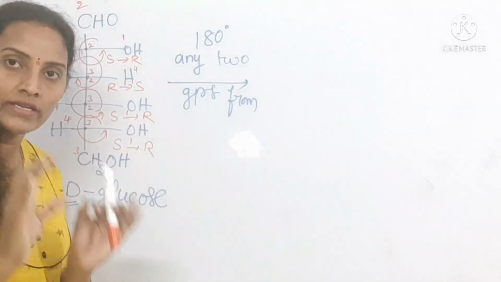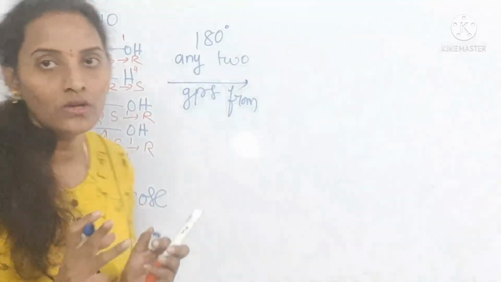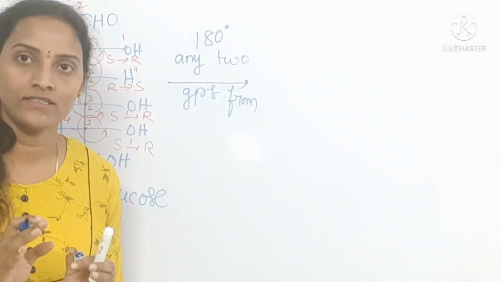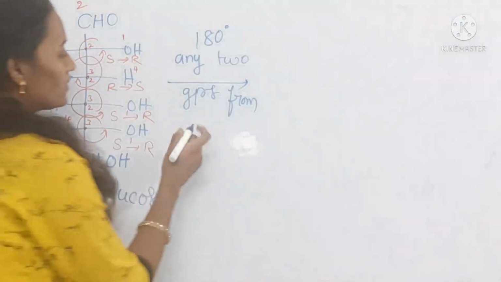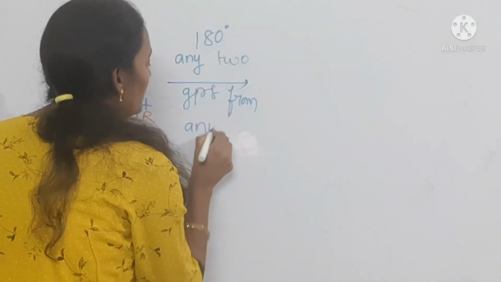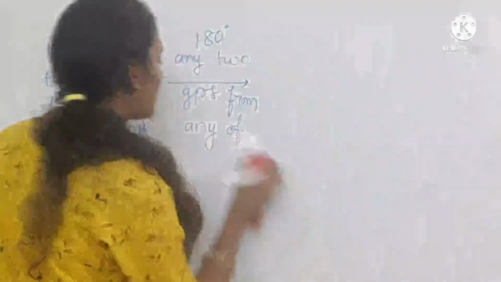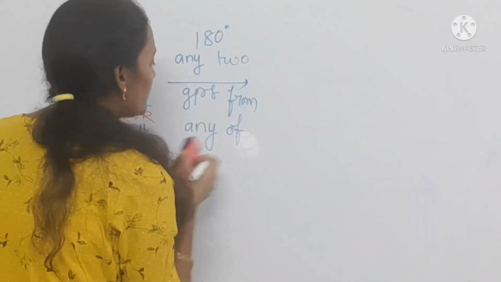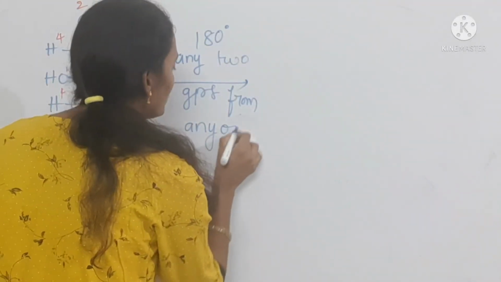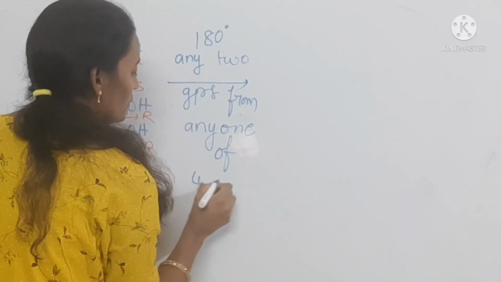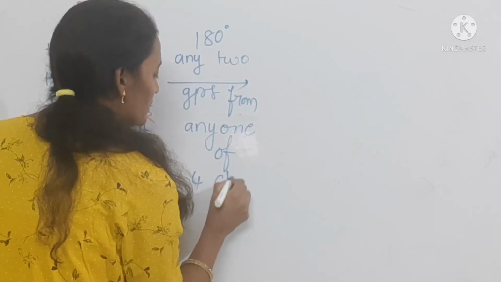Among these 4 chiral centers you can try to exchange 2 groups. What will you get from any one of these 4 chiral carbons?